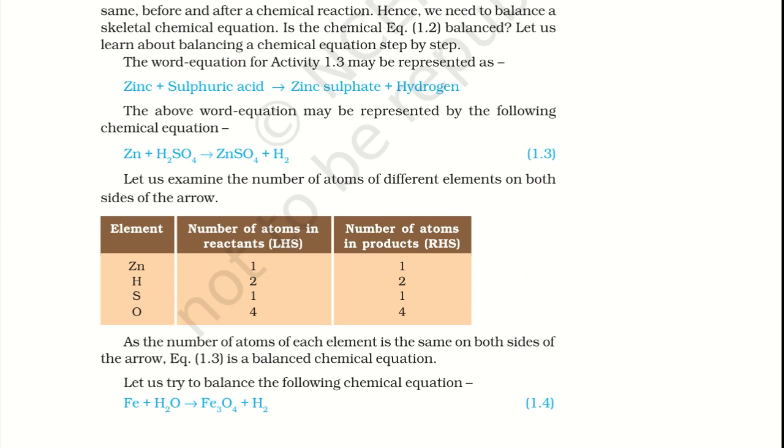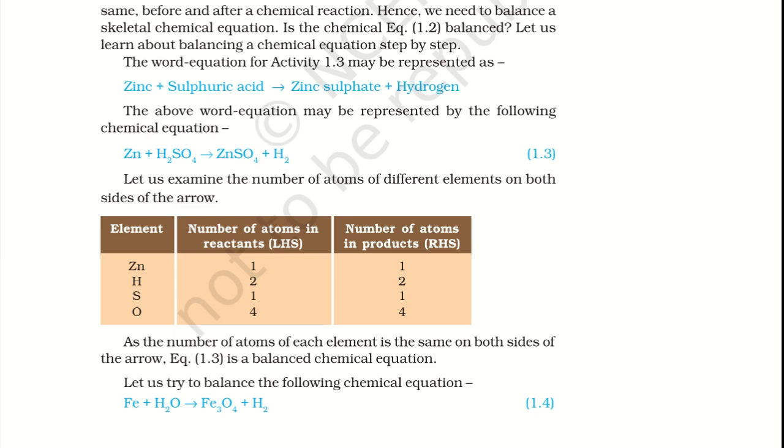You can see that zinc and sulfuric acid, when they react, give zinc sulfate and hydrogen gas. Now, if you write it in chemical formulas, it will be written like this: for zinc, Zn; sulfuric acid, H2SO4; zinc sulfate, ZnSO4; and hydrogen, H2.